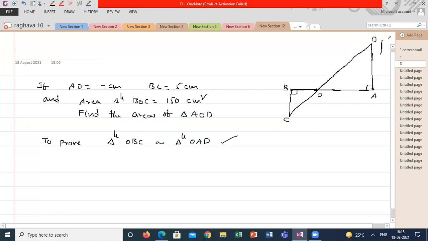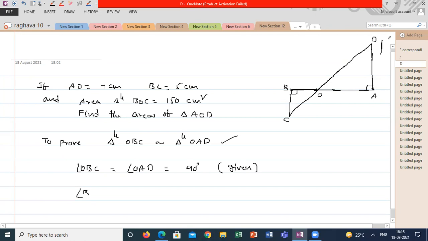So how do we prove these two triangles are similar? What is the condition to prove similar triangles? Students, if I am able to prove two angles of a triangle are the same, then it will be easy. So from the given, angle OBC is equal to angle OAD, equal to 90 degrees. Given.